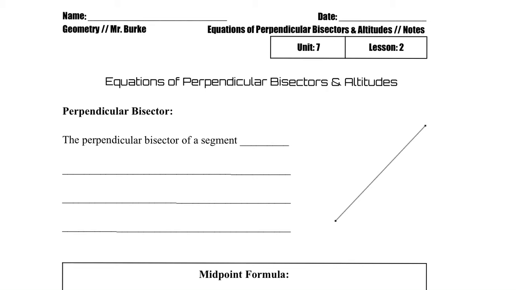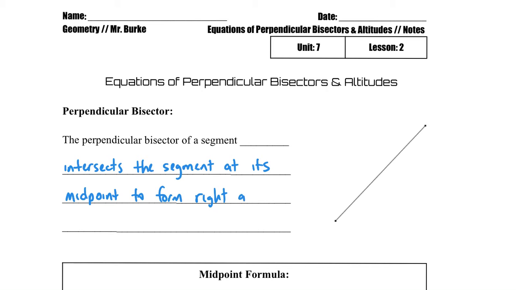So first of all, the perpendicular bisector of a segment. You probably already know this, but let's just revisit. The perpendicular bisector of a segment intersects the segment at its midpoint to form right angles.